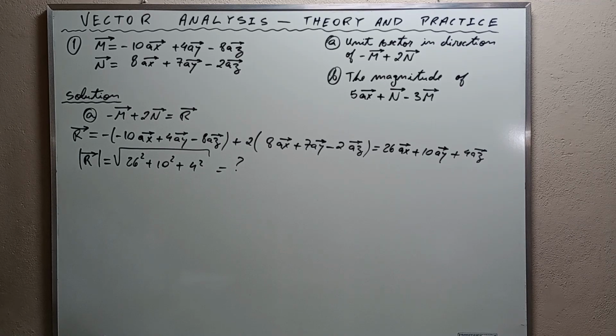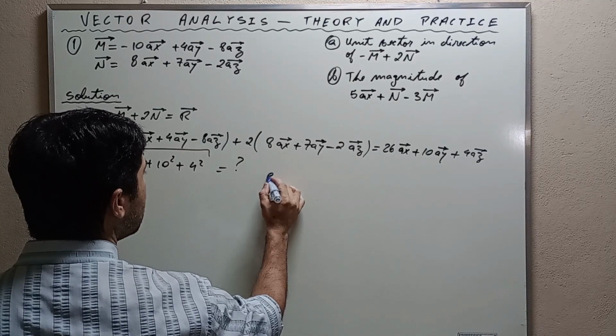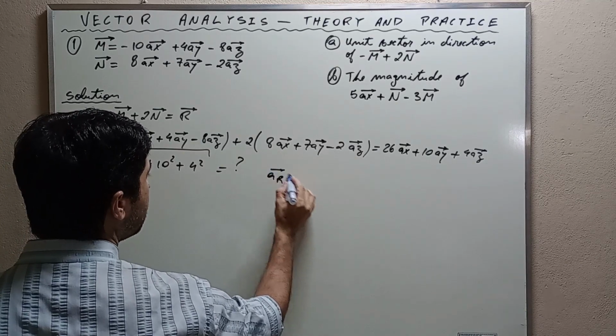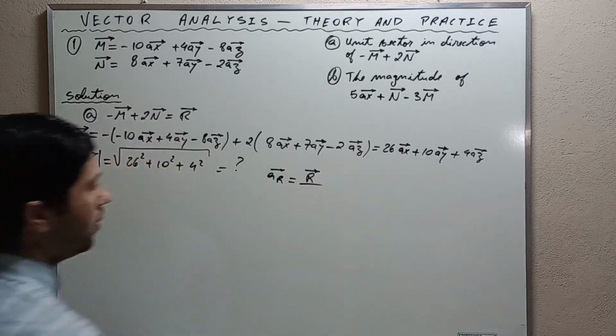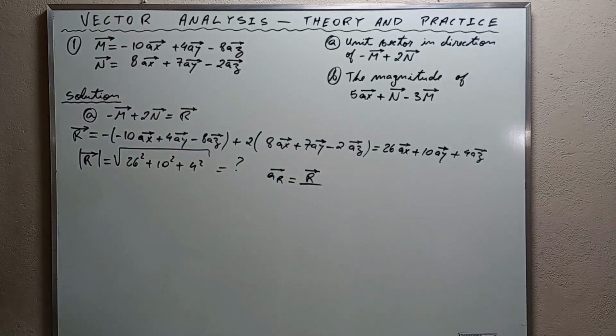And now simply the unit vector AR in the direction of R is found by dividing the very vector by its magnitude.